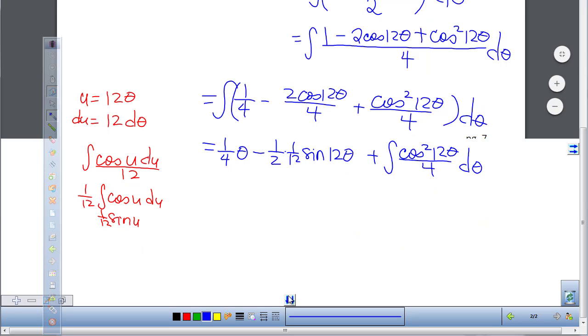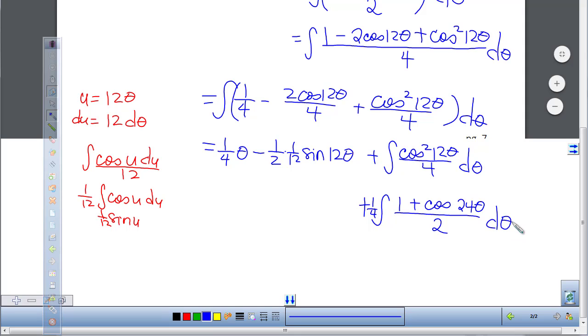Okay, and if I apply that formula again, it says cosine squared x is equal to 1 plus cosine 2x over 2, right? So I can change this to 1 plus cosine 24 theta, okay, and it's already over 4. We can pull that 1/4 out, okay, this goes over 2, okay, d theta.